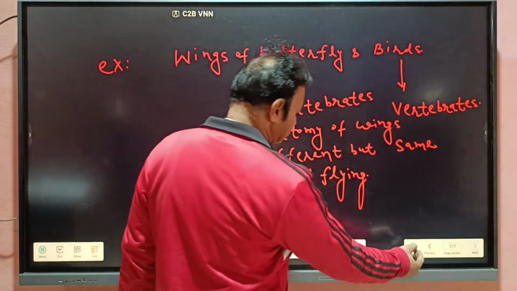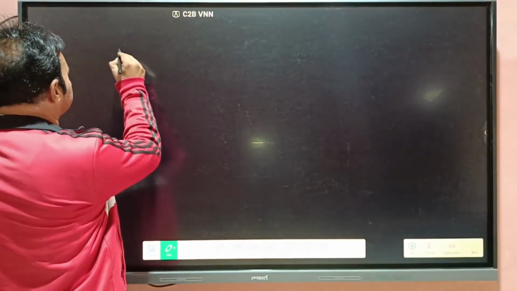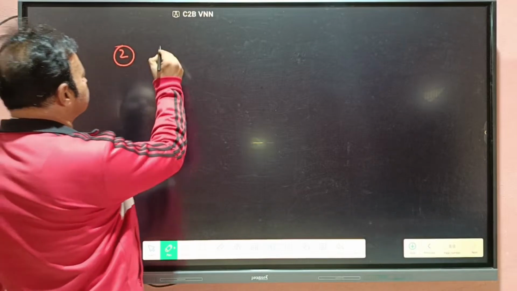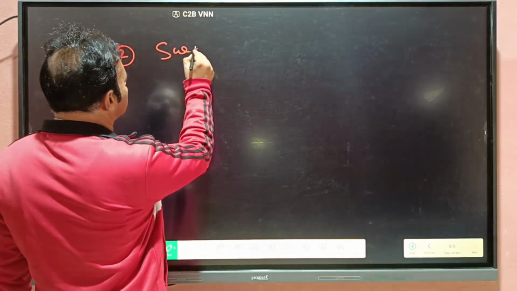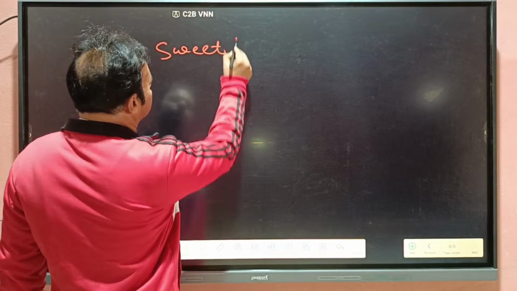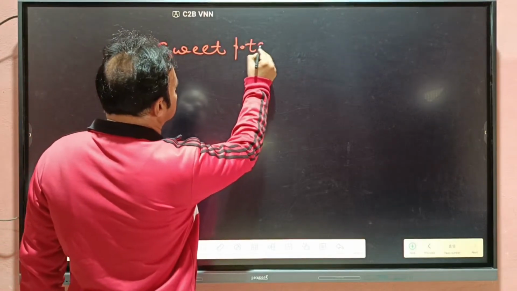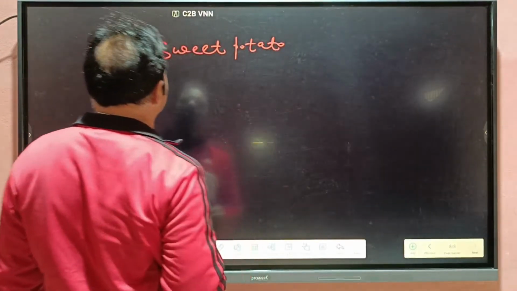Another example of analogous organs is sweet potato and potato.